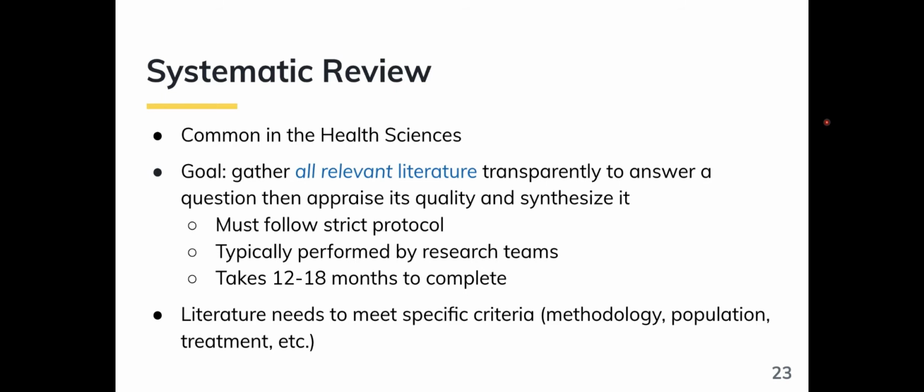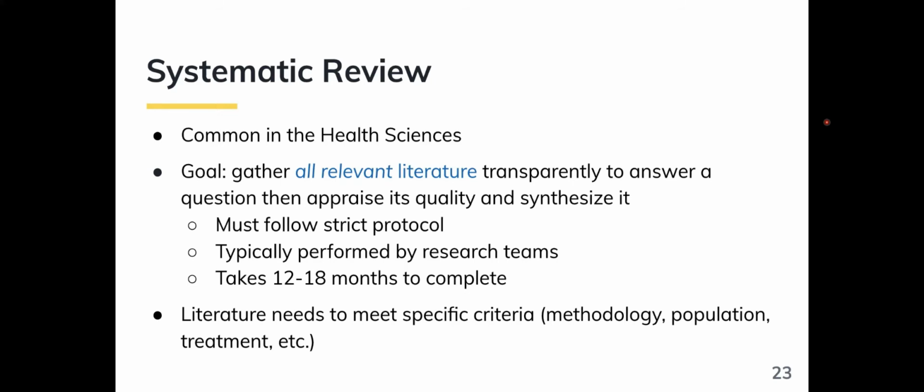Many researchers actually include a librarian on their systematic review research team because we have the expert searching knowledge and the skills to help you do that first step, which is to gather all relevant literature on your topic.